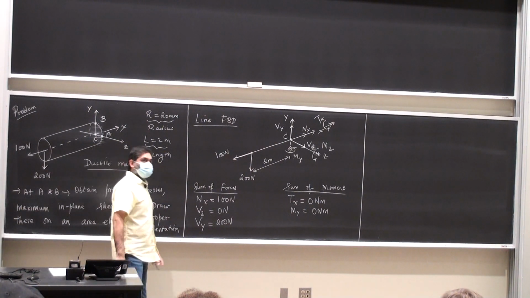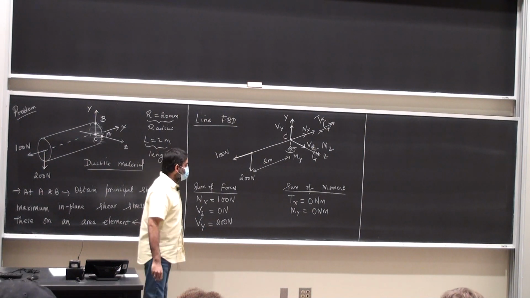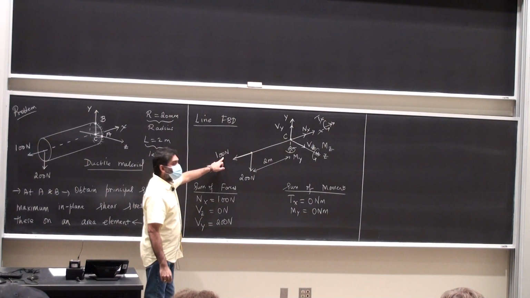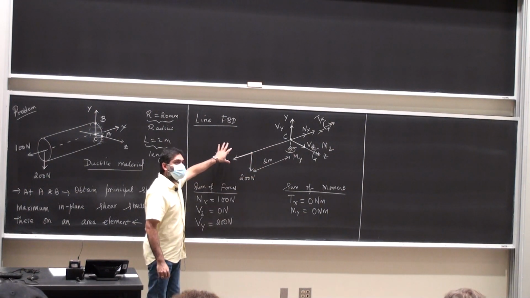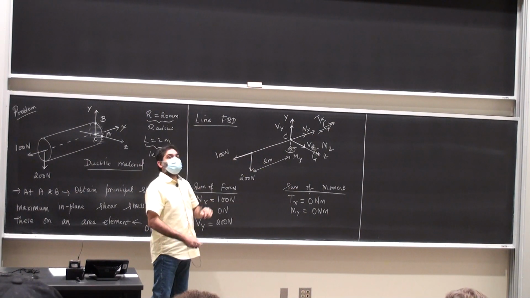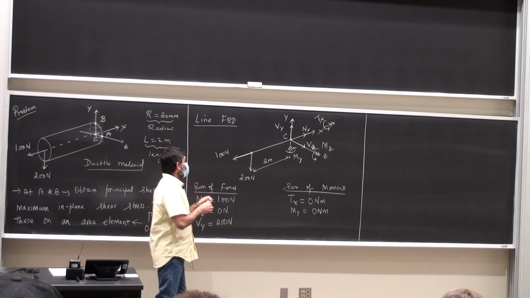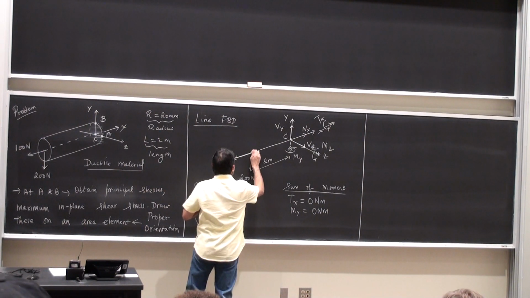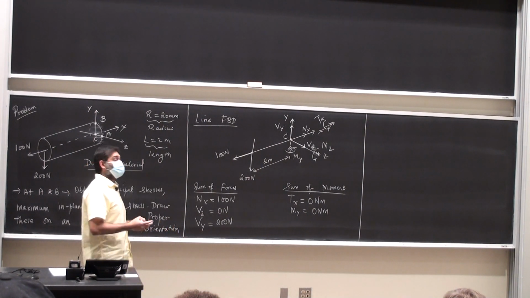Then we do the same thing for the z direction. Mz: the 100 Newton force has a line of action intersecting the z-axis, so that is not going to cause a rotation about the z direction. Then I'm going to have this 200 Newton force. It is not parallel to the z-axis, its line of action is vertical here, so that's obviously not intersecting the z-axis either, so that's going to cause a rotation.